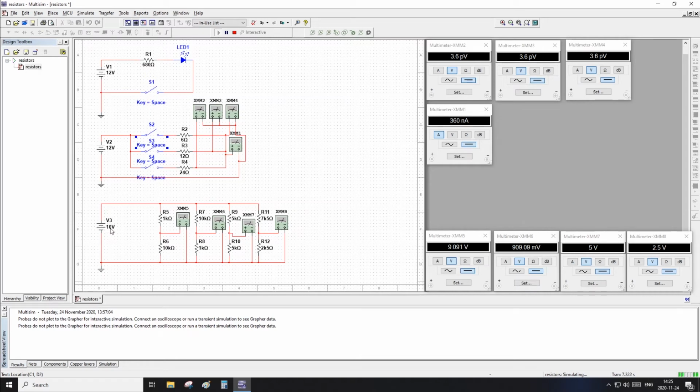I took the liberty to make a 10 volt DC power supply and some resistor dividers or voltage dividers. I made 4 of them. One with 1 kilo ohm, 10 kilo ohm, 10 kilo ohm and 1 kilo ohm, divided in half, 5 on 5, and 75% and 25%.